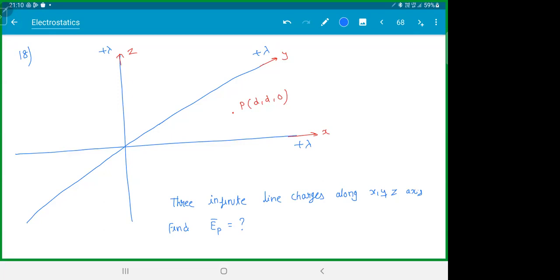What is the answer for this? Any answers? Next thing.